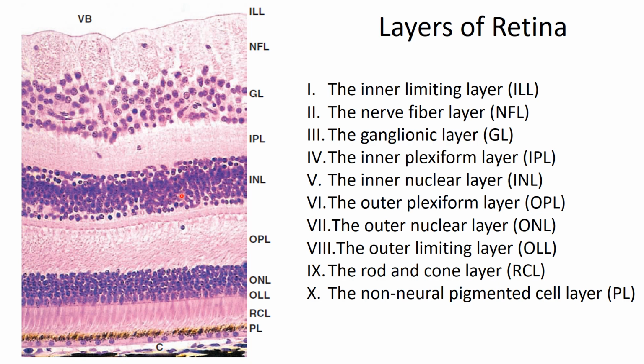Their cell bodies lie in the inner nuclear layer, and their dendritic processes form the synapse here with the axons of the rods and cones. So they form the outer plexiform layer.